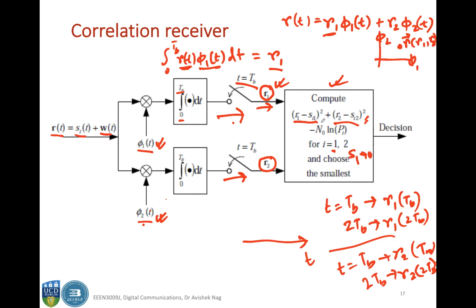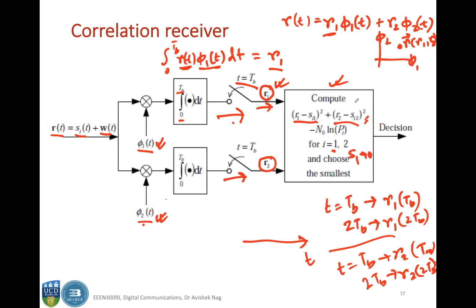And if R1 minus S_I1 squared plus R2 minus S_I2 squared is smallest for I equal to 2, then you decide that S2 was transmitted.